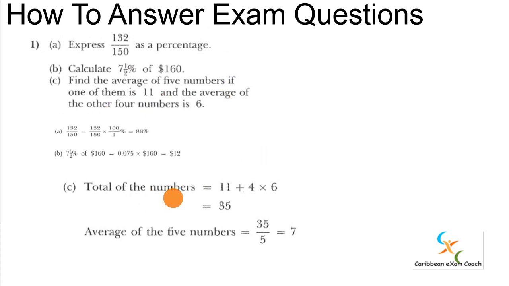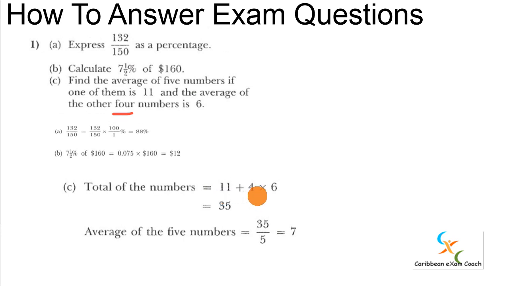The total of the numbers would be, one of the numbers is given as 11. So you have 11 there. And the average of the other 4 numbers is 6. So the 4 numbers multiplied by 6.